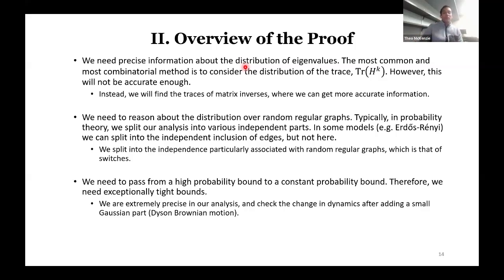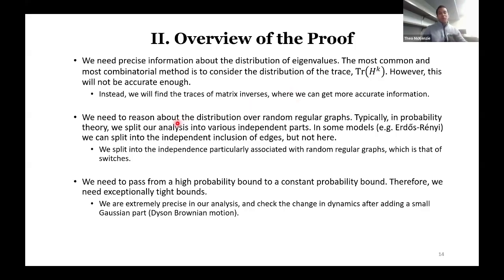Traditionally, the first thing that was tried, and also probably the most common, purely combinatorial method, is to think about the distribution of the trace. So I take some high power of the adjacency operator and then look at the trace. However, this won't give us accurate enough information about the spectral distribution. So instead, what we're going to do is take a series of matrix inverses and find the traces of those. And this will give us very sharp information about the spectrum.